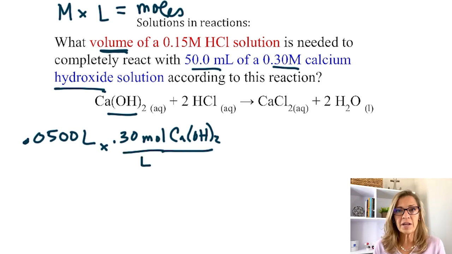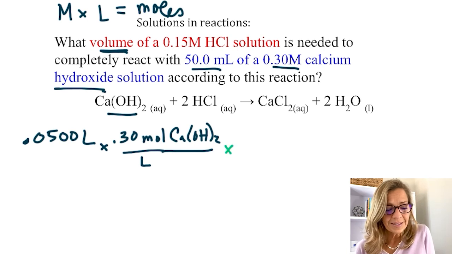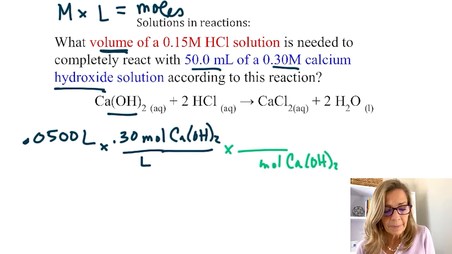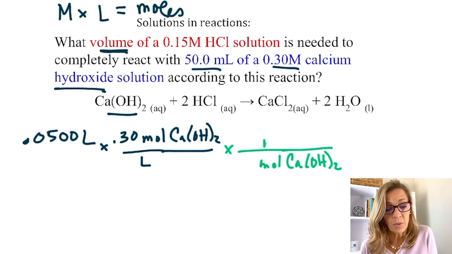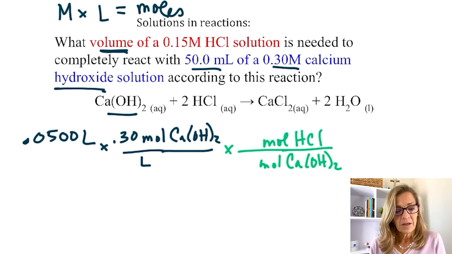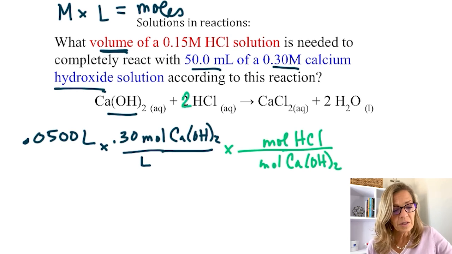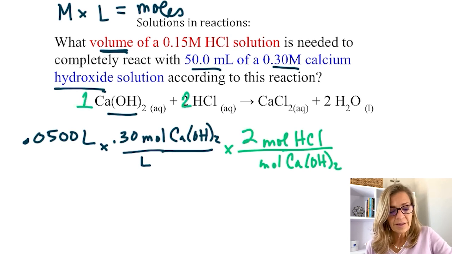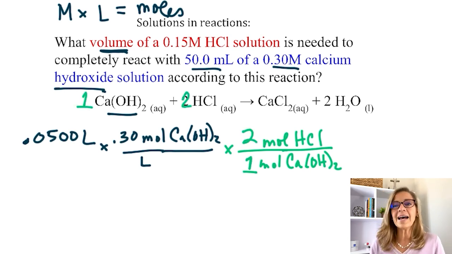If I stopped right here and multiplied, I would get moles of calcium hydroxide. Now go to the reaction and get a mole ratio. So let's get moles of calcium hydroxide, and then on the top, moles of HCl. Go get your coefficients. There's a 2 and a 1. That is going to convert me over into HCl, which is where I'm going.